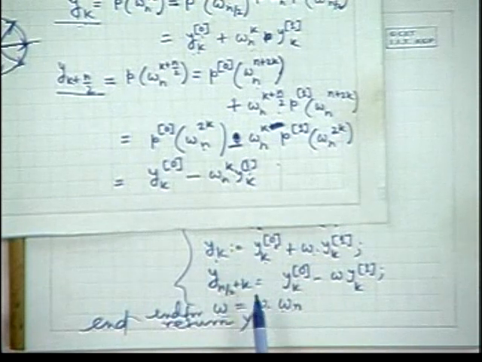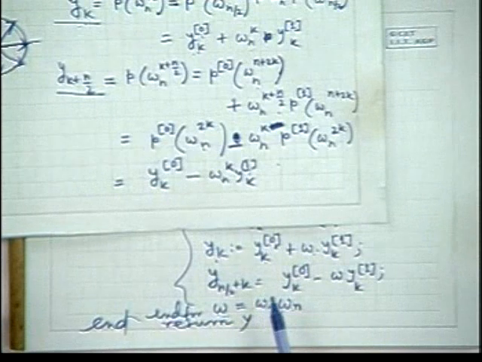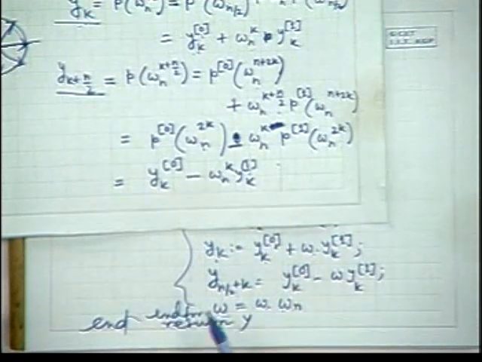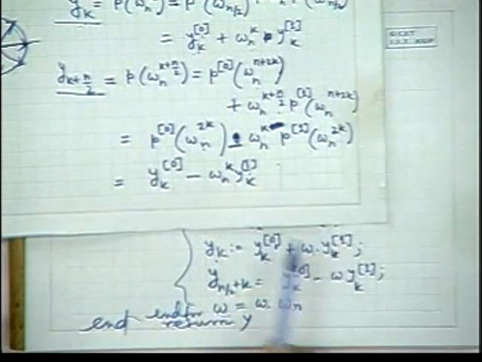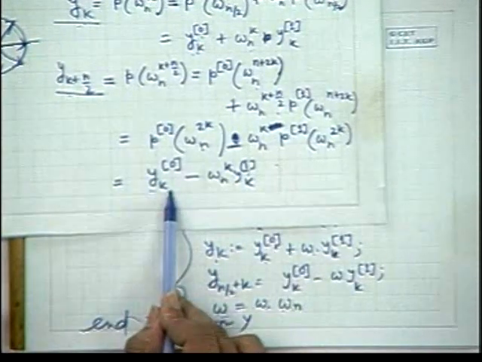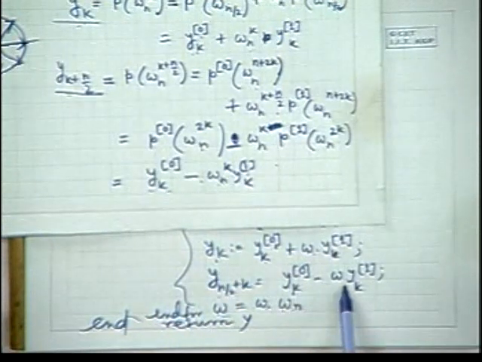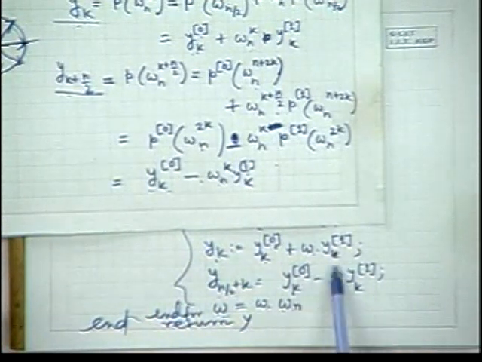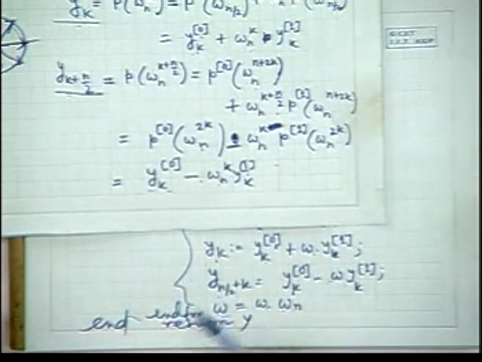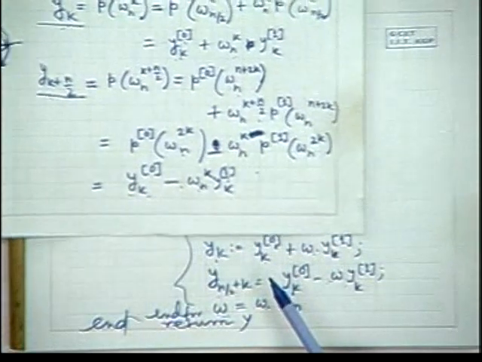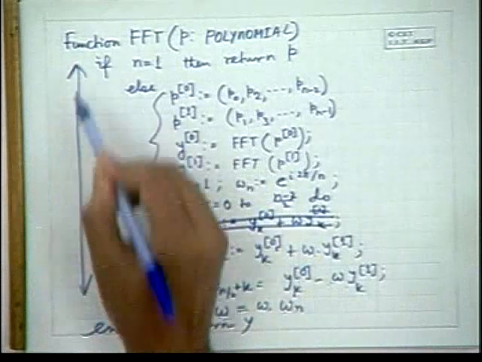Initially w is equal to wn0, which is 1. In the next step you will get wn1. Next step it will be wn2, and that's why it is w times this. And then the next formula, yk0 minus wn to the k times yk1, is exactly yk0 minus w yk1. This w is nothing but wn to the k in the algorithm, because it is getting updated in every loop. So this gives you the entire algorithm for FFT.